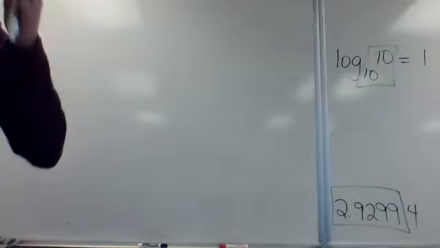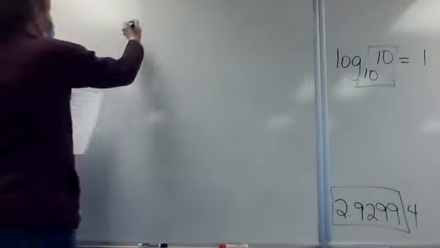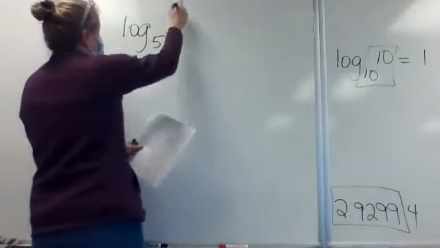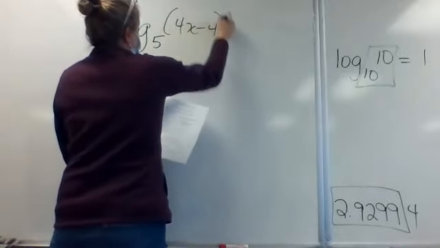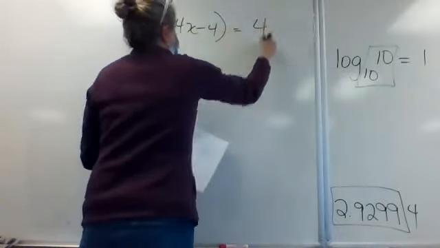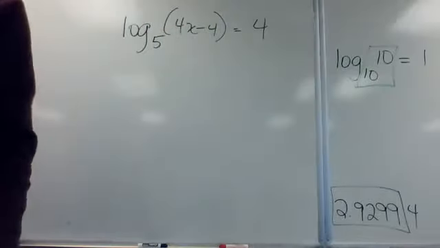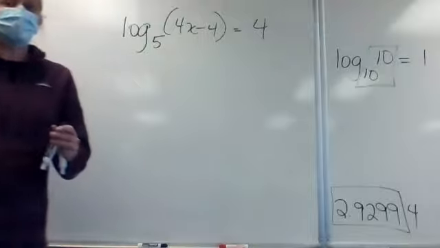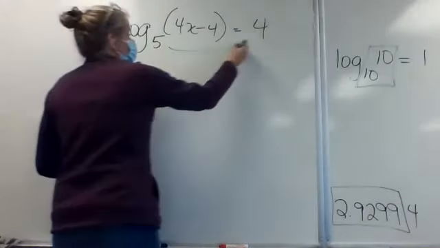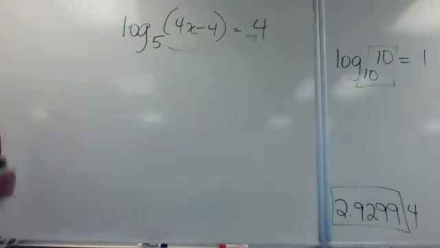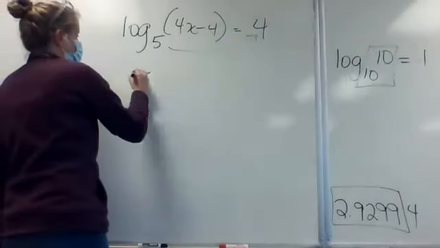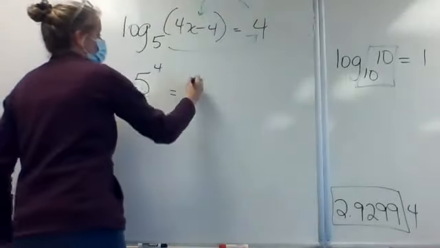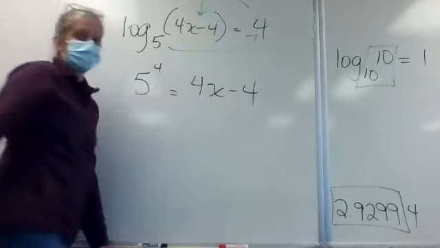All right, what about this one? Log base 5 of 4x minus 4 equals 4. So I only have one log, so I'm going to turn it into an exponential equation. So 5 to the 4th power is going to be equal to what's in this position, so 4x minus 4.